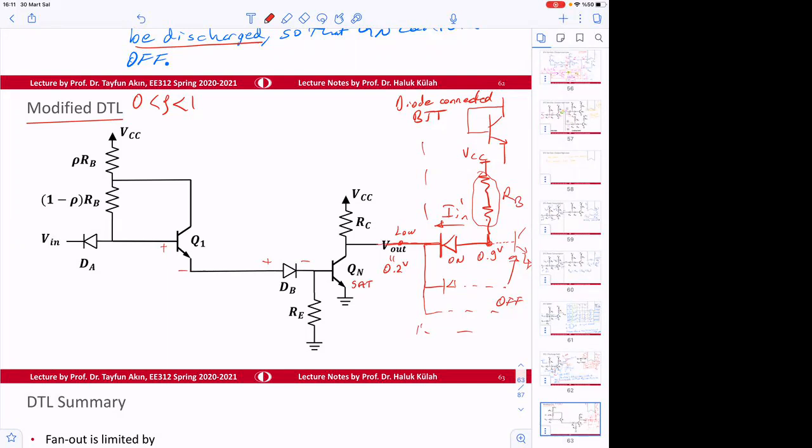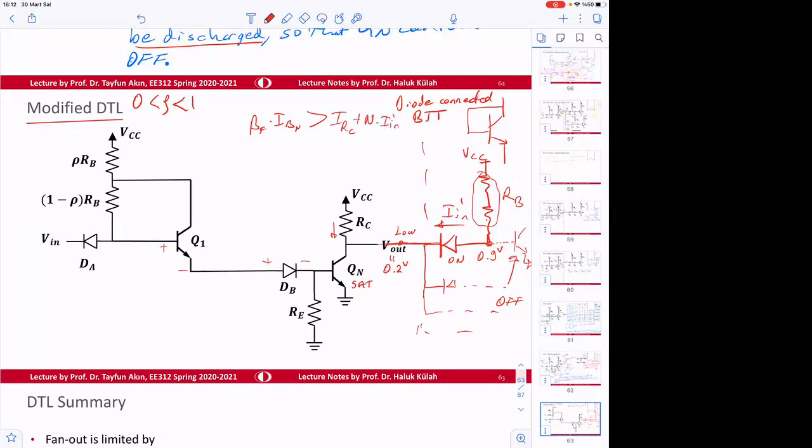And then you know, if you want to calculate the fan out, the current here, this is IC, right? We say that beta F times I base of N should be larger than IC, or IRC plus N times I in prime.